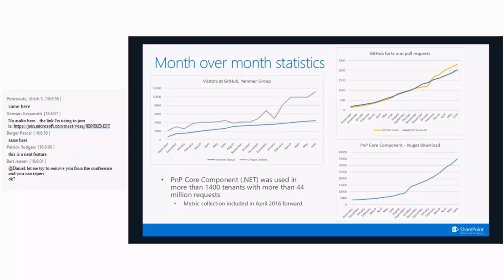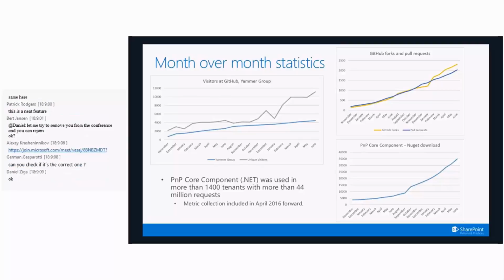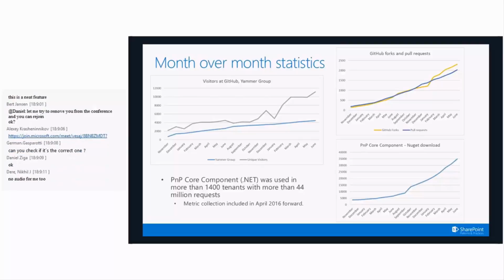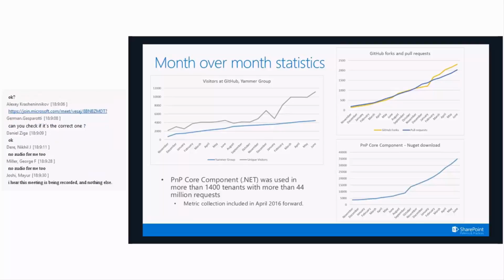One thing we started tracking from April: if you're using the PnP core component, the CSOM core component, we're using the client tag to add an additional entry which tells us what methods and also if you're using the PnP core component. So we're able to get a number on the server side, in SharePoint Online, of how many people and how many tenants are actually using the core component.